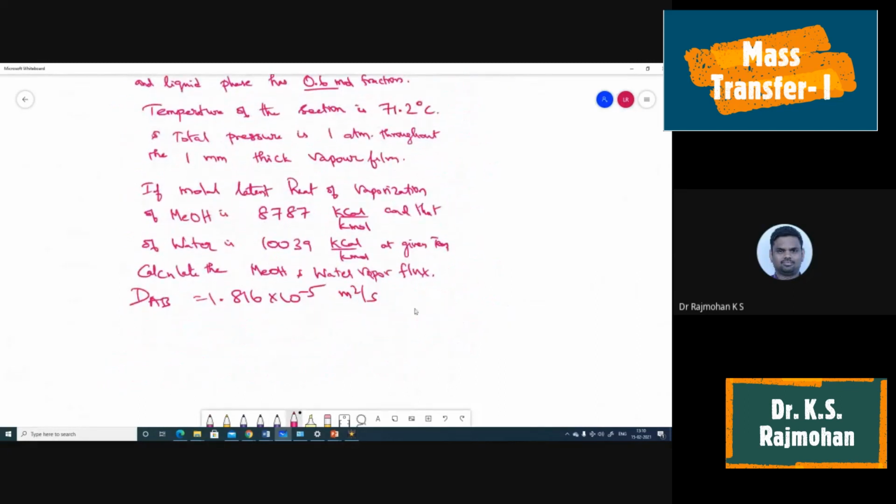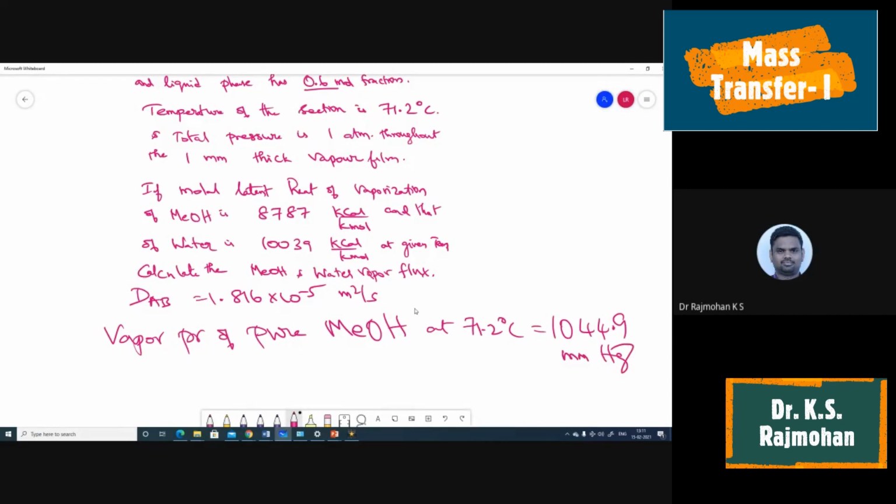Vapor pressure of pure methanol at 71.2 degrees Celsius is equal to 1044.9 mm mercury. Okay.